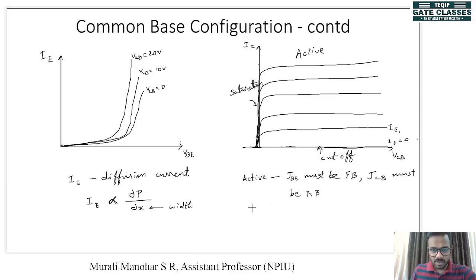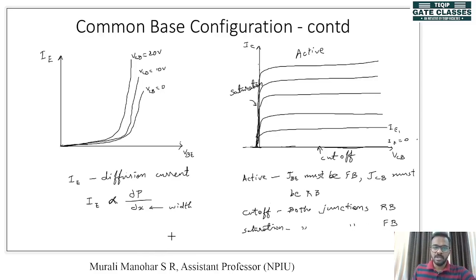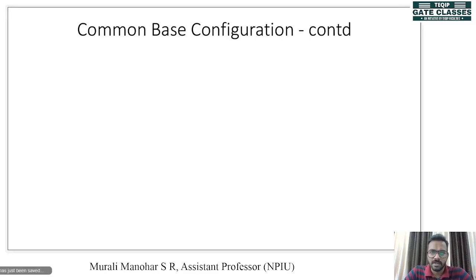For cutoff region, both the junctions are reverse biased. And for saturation, both the junctions are forward biased. So these are the things to be noted when we want to operate our transistor in a particular region of operation.